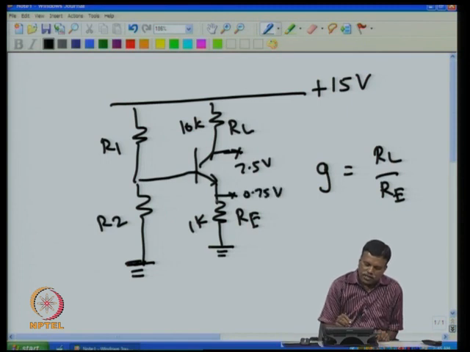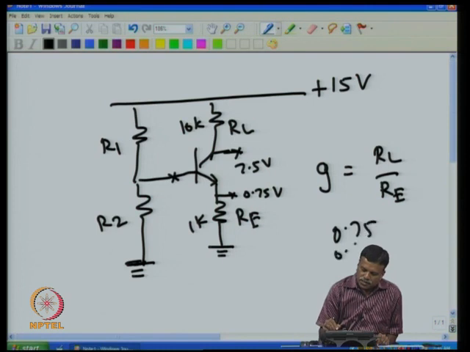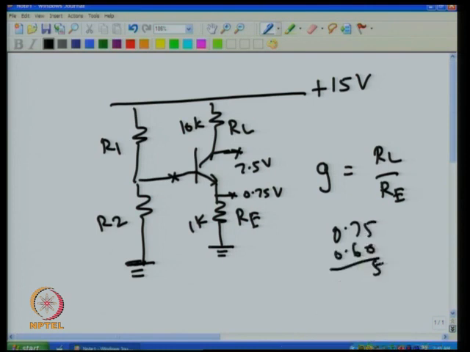That means if 0.75 milliampere goes, then this voltage will be 0.75 volt. So we have to adjust these two resistors such that this is sitting at 0.75, which automatically calls for 0.75 plus 0.6, that turns out to be 1.35 volt. So I have to select R1 and R2 such that this is sitting at 1.35.